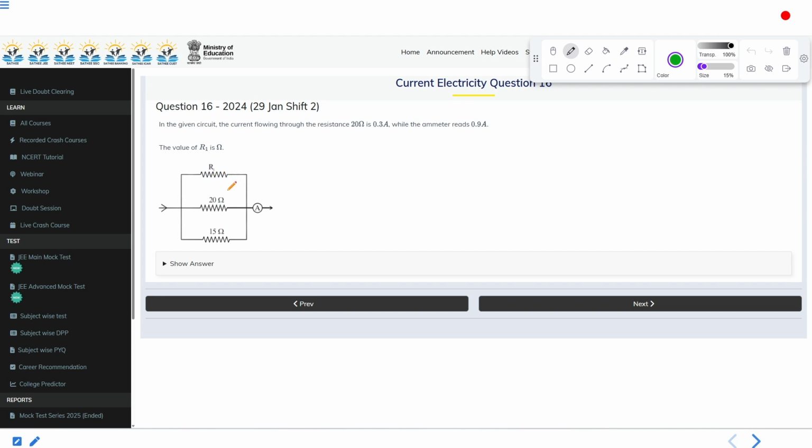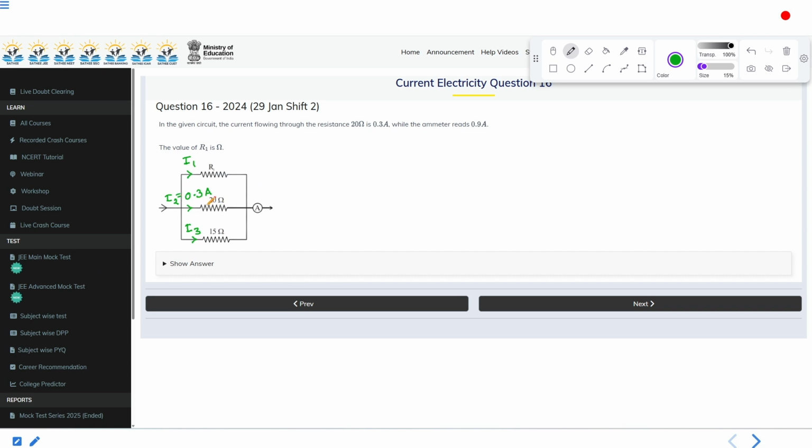We know that all the three resistances are connected in parallel, so the potential difference across all the resistances will be the same. You can consider the current flowing through R1 as I1, from this 15 ohm as I3, and through this one as I2.